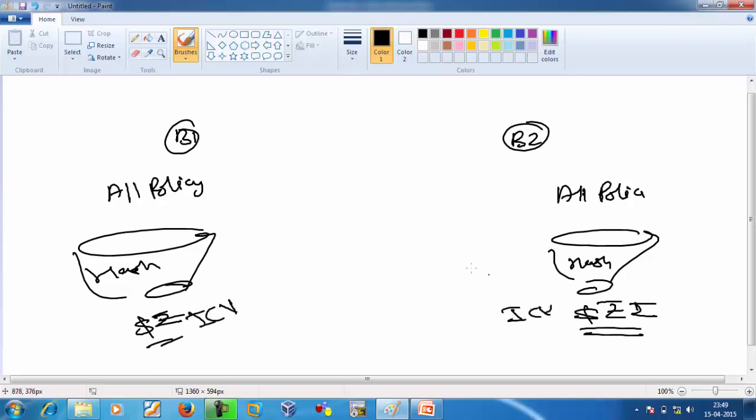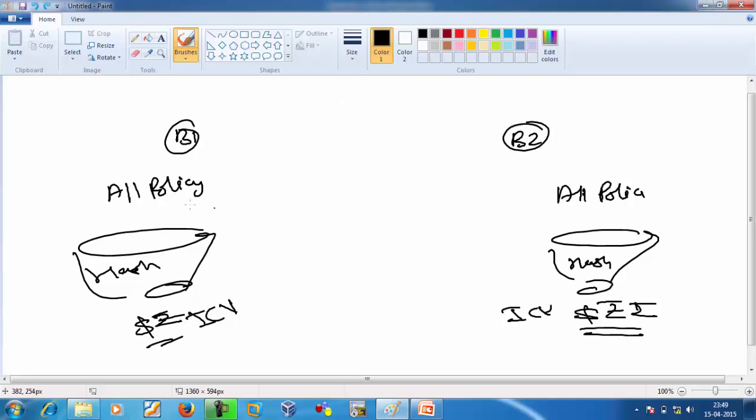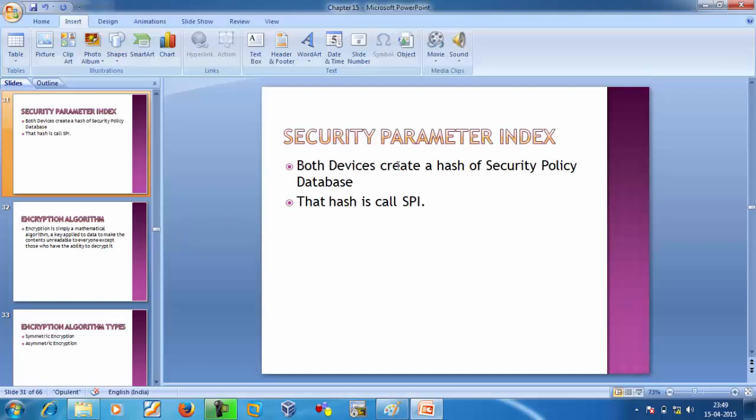When branch 1 sends a packet, when they initiate the session, branch 1 will put all policies in a hash algorithm and get a value. Both devices create a hash of the security policies database, and that is called the SPI.